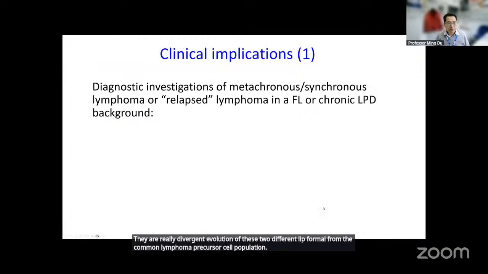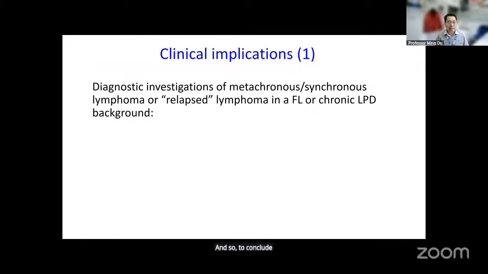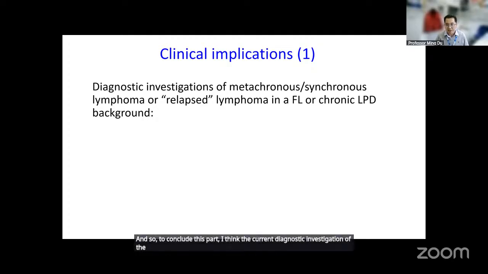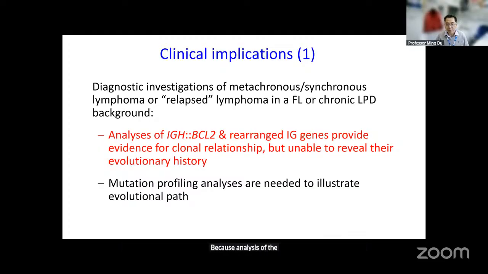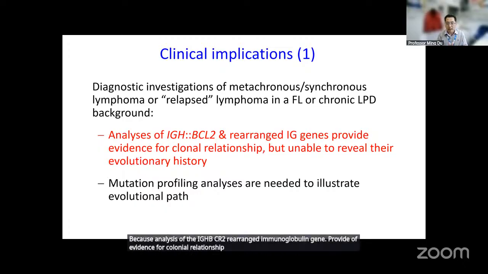And so to conclude this part, I think the current diagnostic investigation of metachronous or synchronous lymphoma in follicular lymphoma or a chronic LPD background is not optimal, because analysis of the IgH BCL2 rearranged immunoglobulin gene provides evidence for clonal relationship, but is unable to reveal their evolutionary history.